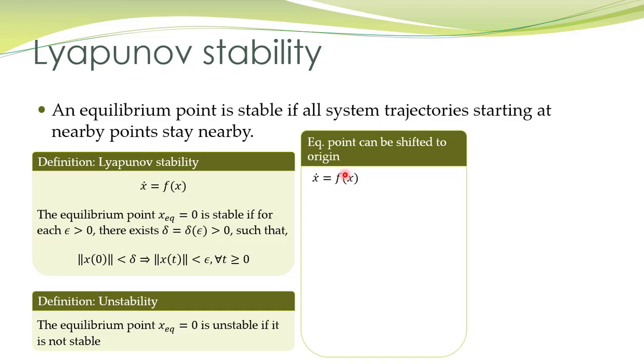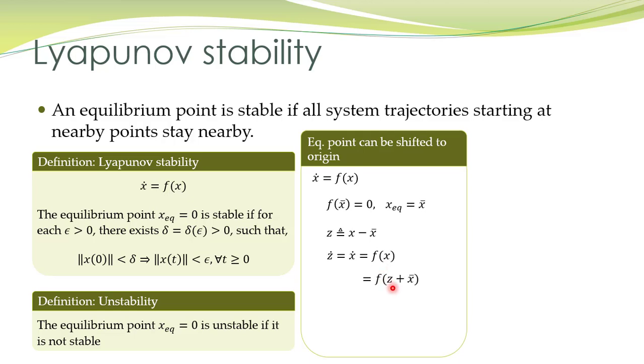Consider, for example, this system, and let's say the equilibrium point is not at origin, rather it is at x bar. Let's define a state transformation. z is defined to be equal to x minus x bar, and therefore z dot will be equal to the derivative of this expression. The derivative of x is x dot, the derivative of this constant is 0, and x dot by this equation is equal to f of x.